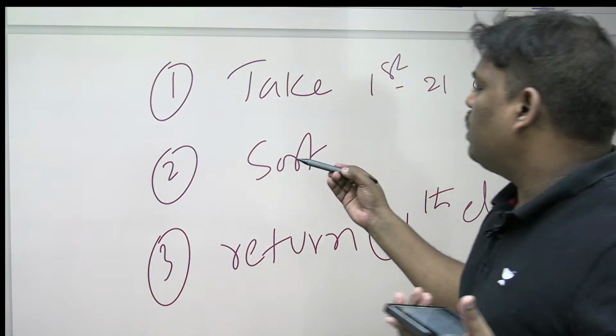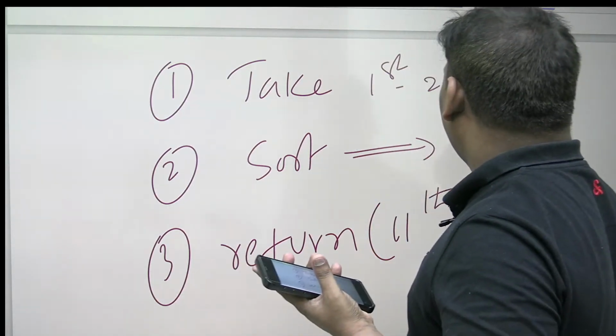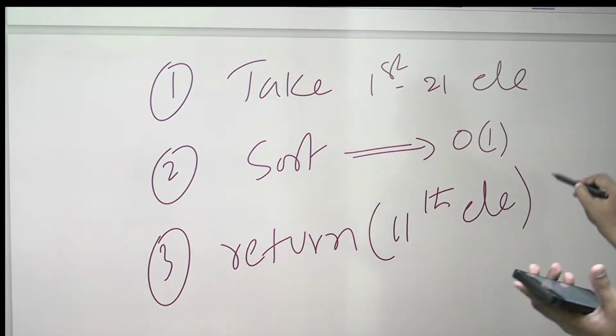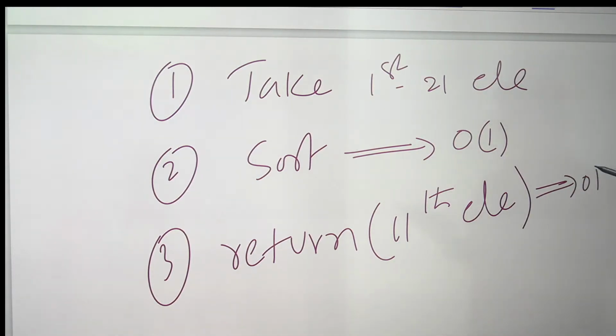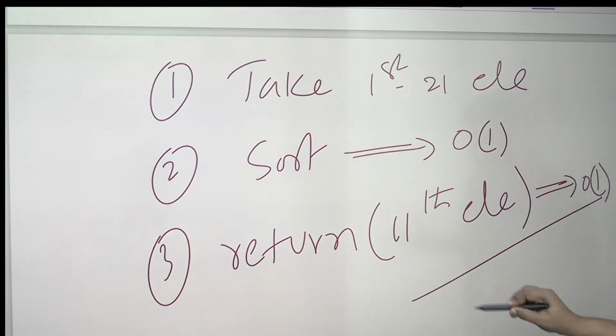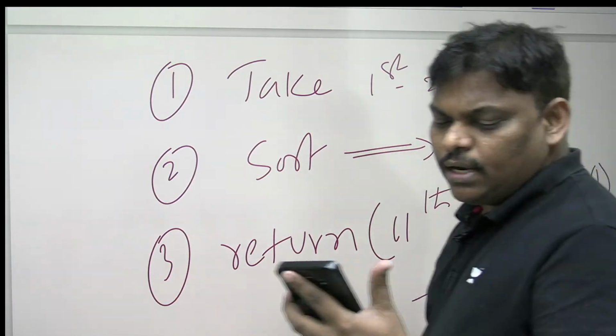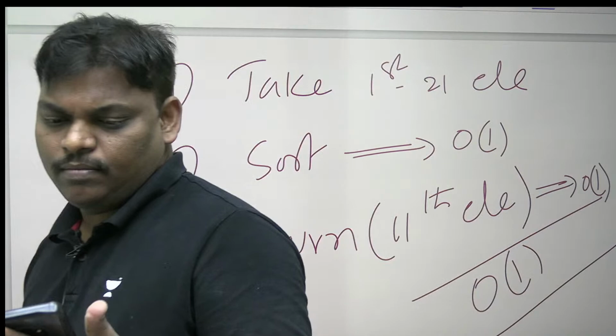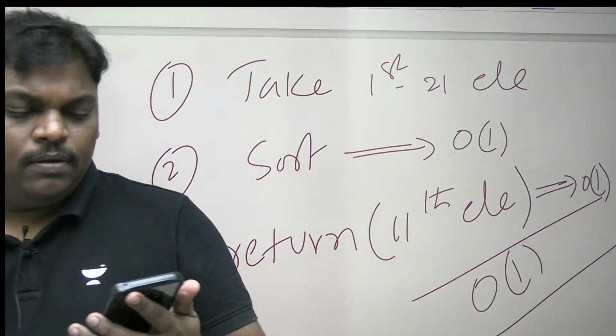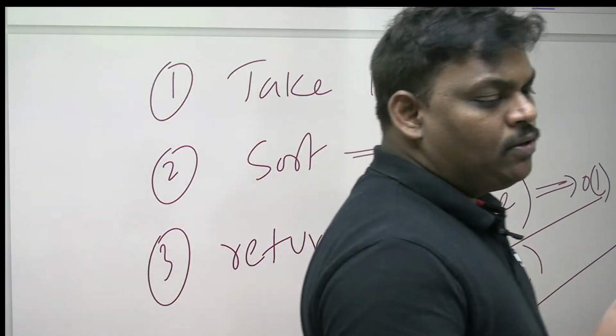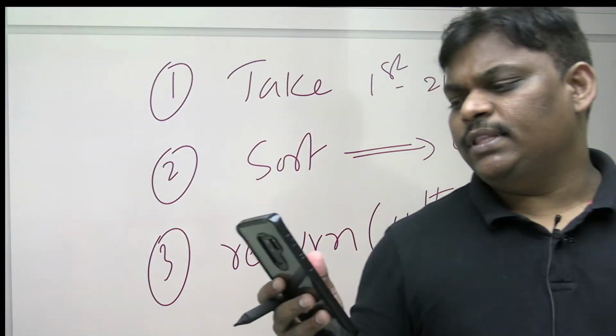Remember, sorting 21 people will take constant time. Next, returning the 11th element is also constant time. Overall, constant.